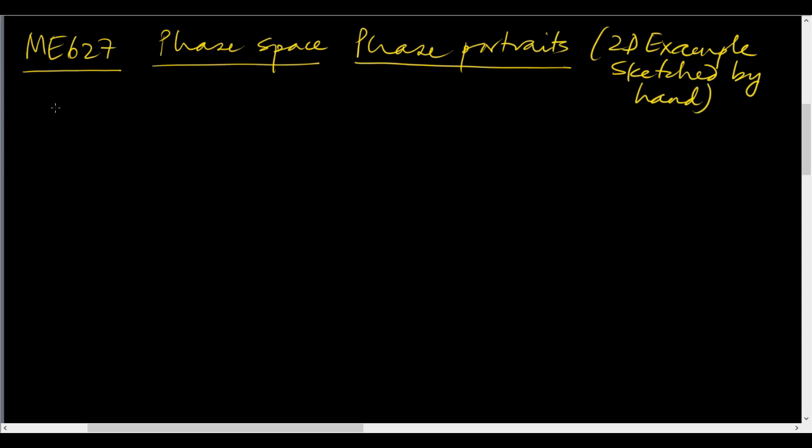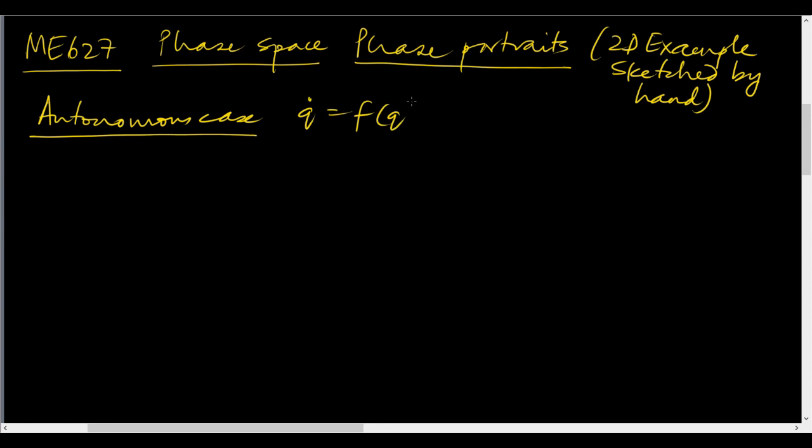So the autonomous case we are going to study in some depth. q dot is equal to f of q. If q star is a fixed point, that means f of q star equals 0.